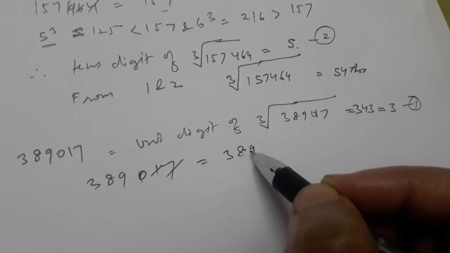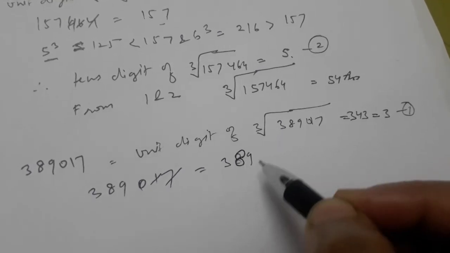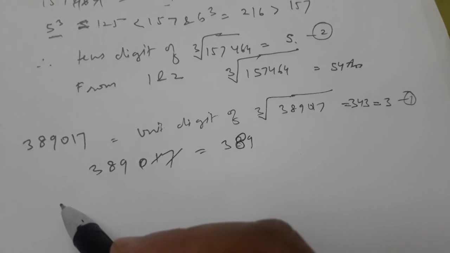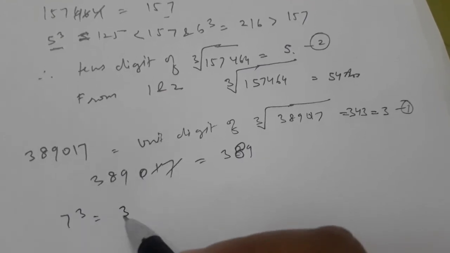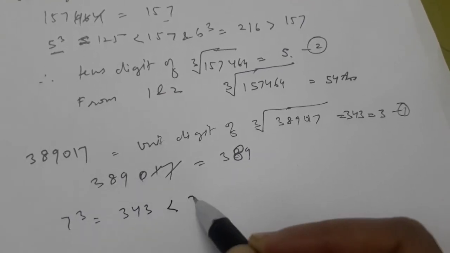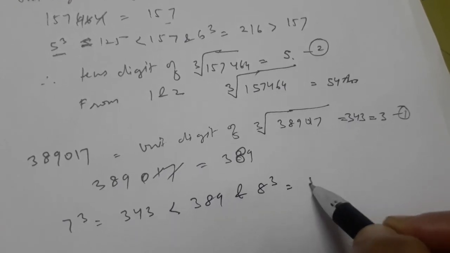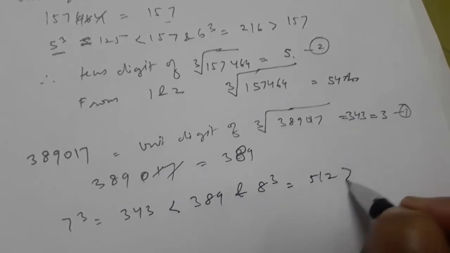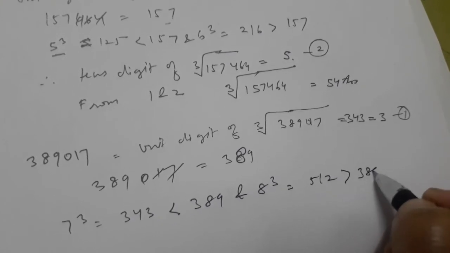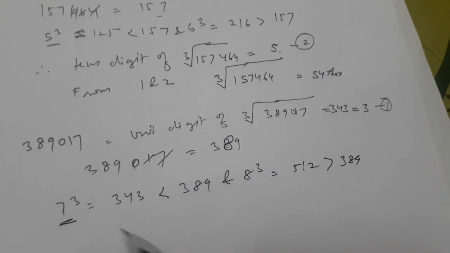We would be analyzing this 389 now. So we can say 7 cube, which is 343, is smaller than 389, and 8 cube, which is 512, is of course greater than 389. So we will be considering 7.